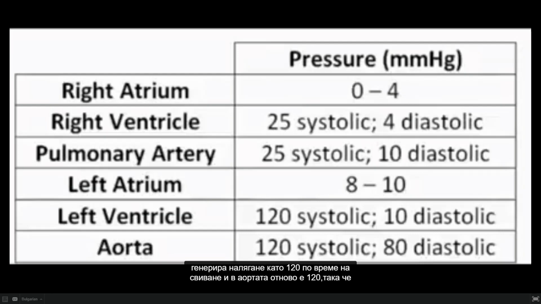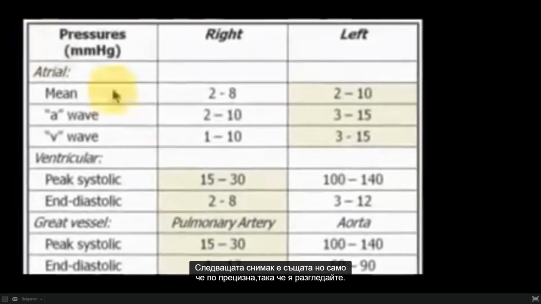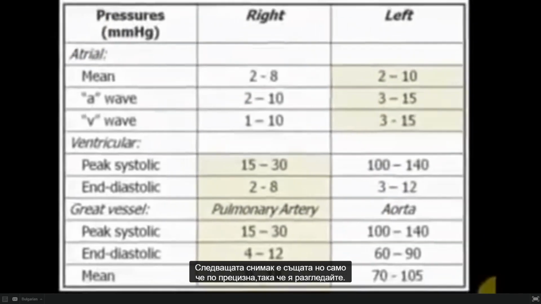And in the aorta, it's again 120. So the blood without resistance passes from the left ventricle to the aorta and then through vessels in all your body. Okay, I think slide 23 is the same, just more precise, left and right.